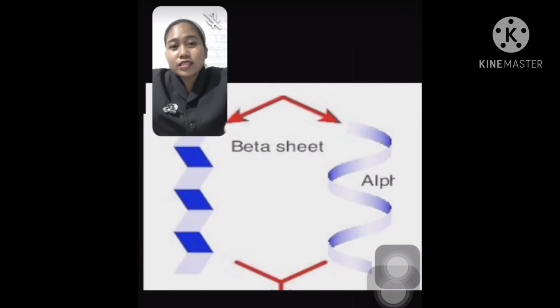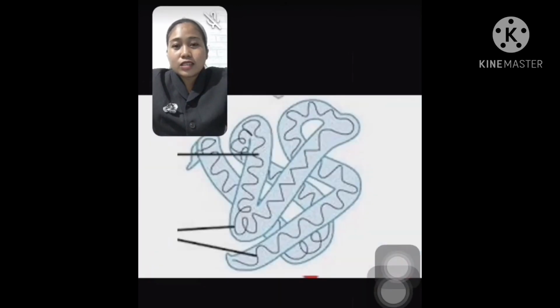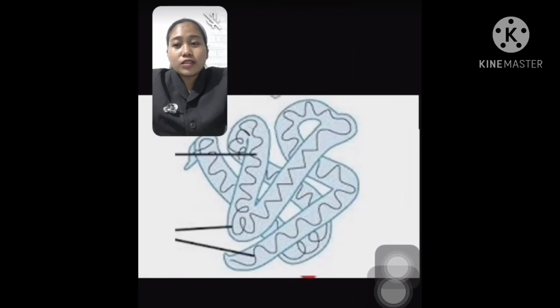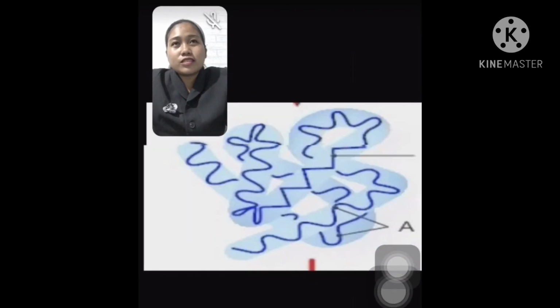And this one is a tertiary structure. And another one, this is a primary structure. Very good, Jasmine.